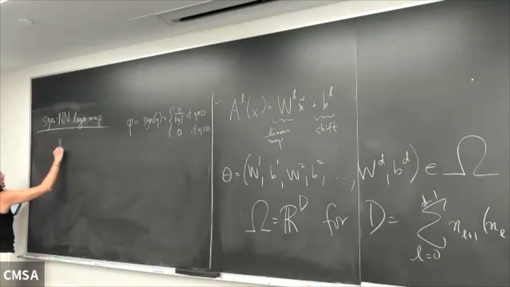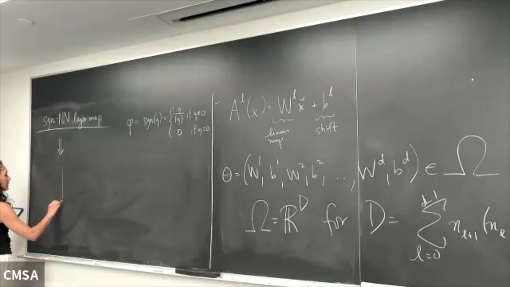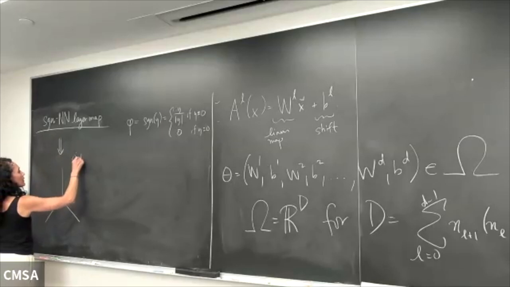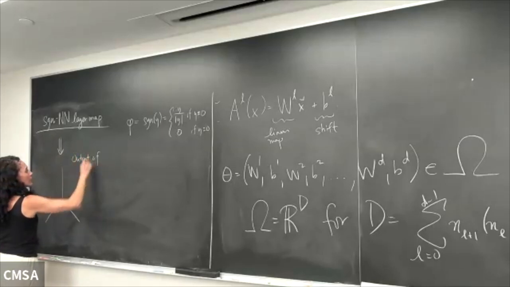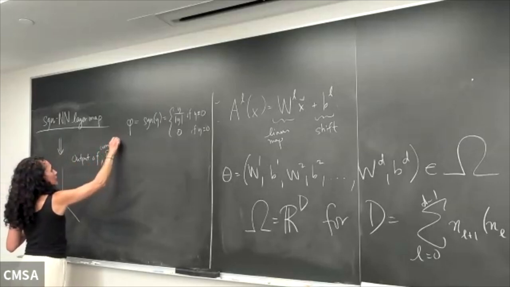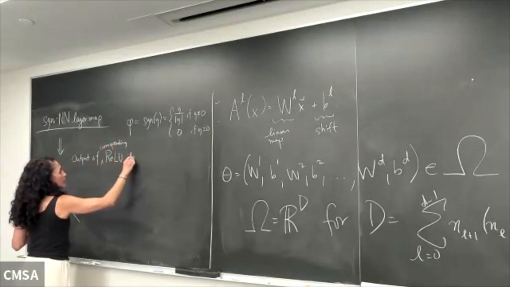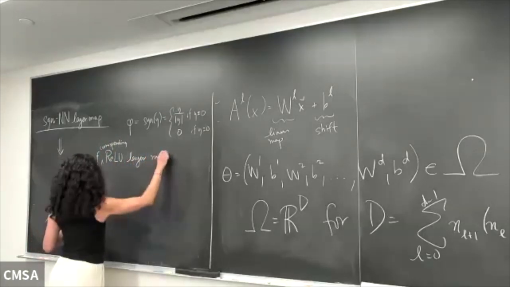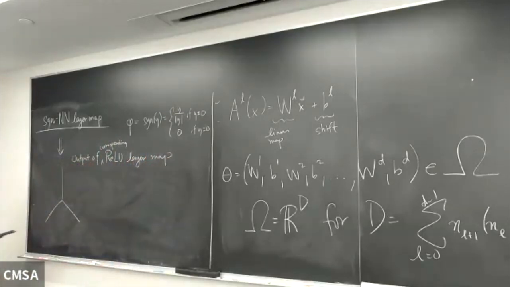And I guess what I want to point out as a first place where discretization helps you understand the geometry is the output of the corresponding relu layer map. Well, just from what we know about relu, its output is always non-negative.